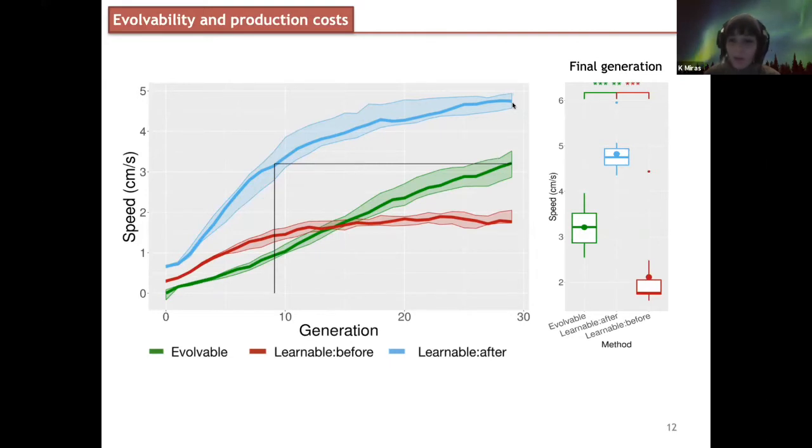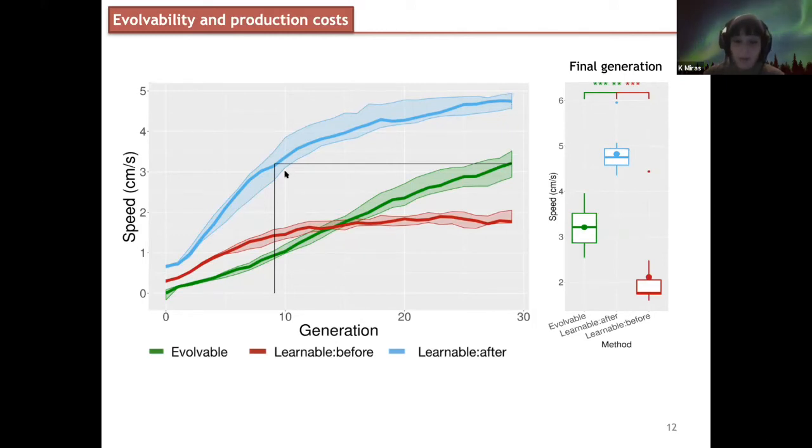The first thing we note is that the learnable gets a much better result in the end. In a way, that's not that much of a surprise, because remember, we are doing 100 more evaluations per individual. So there's great cost to get this better result.